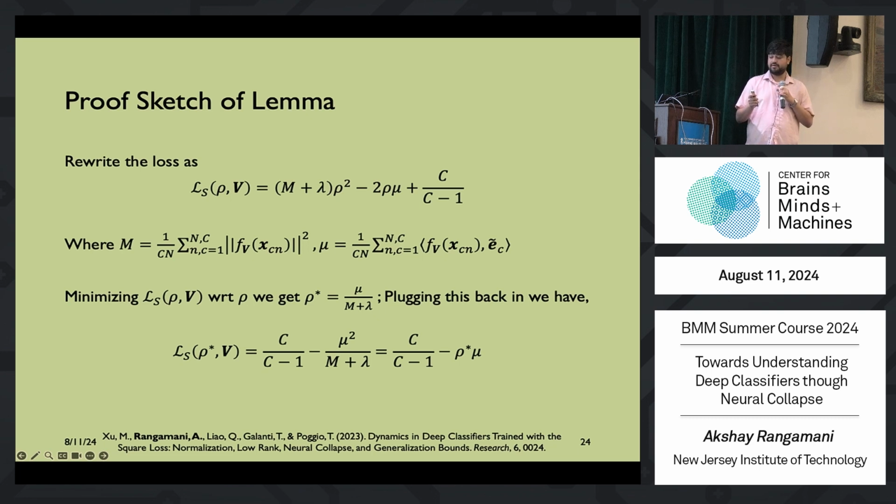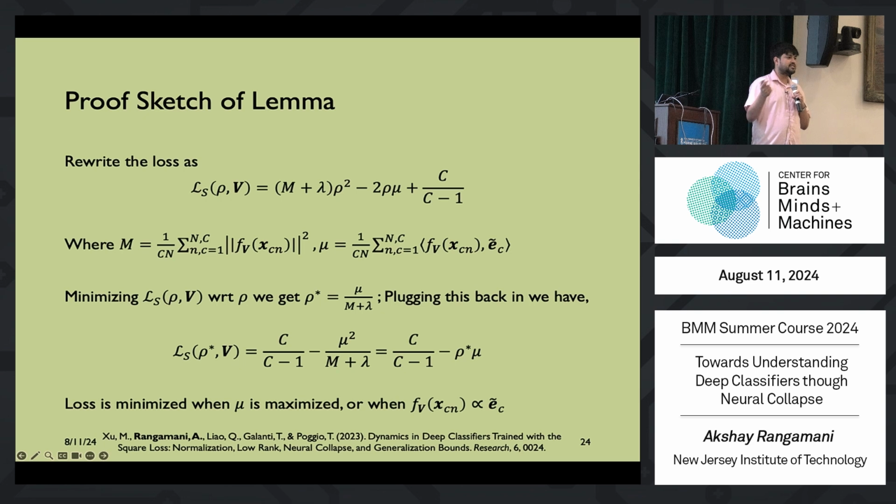I'm not going to show that exactly, but the loss is minimized when this quantity mu is maximized. So the outputs are correlated with the labels of the data set.